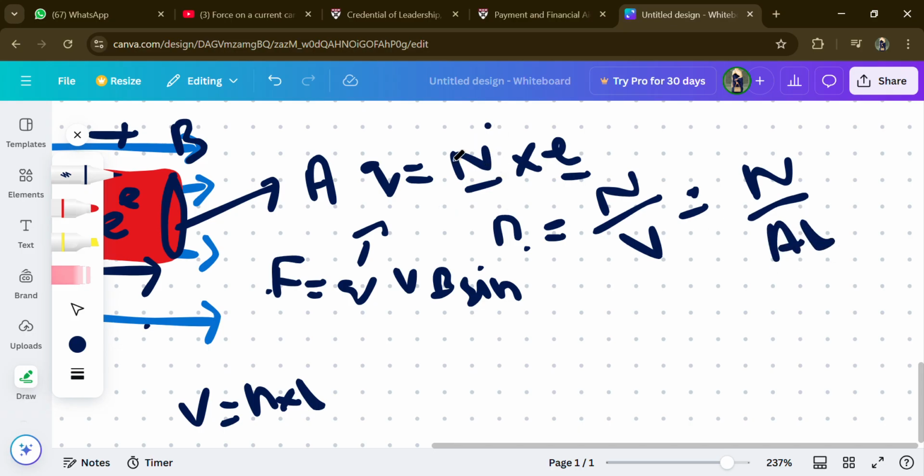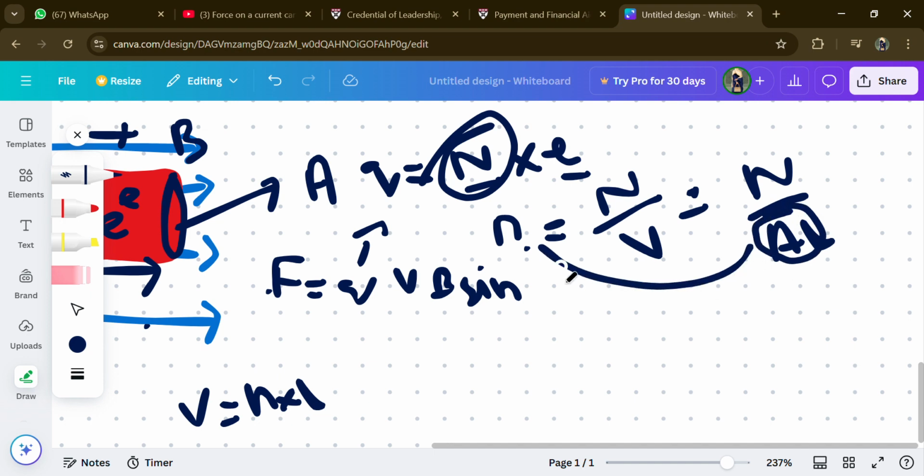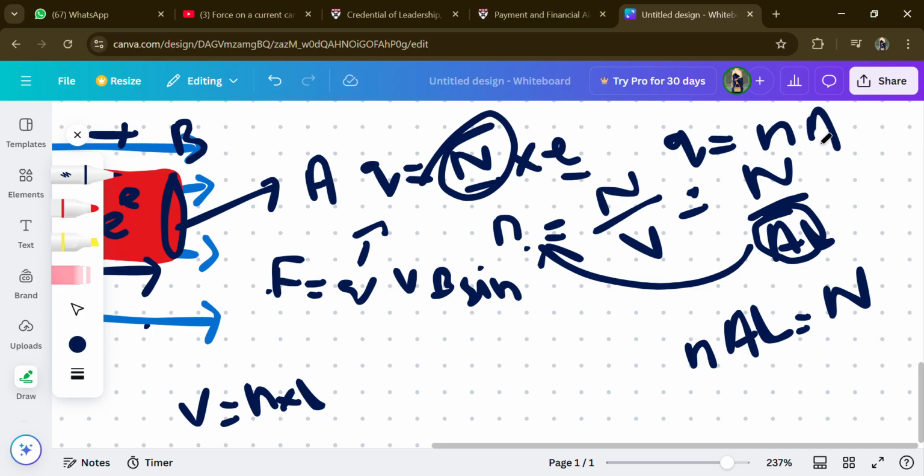Now in place of this formula, can we put in the value of A L? It will become N equal to n A L. So here in place of Q we could write small n A L multiplied by e, right?